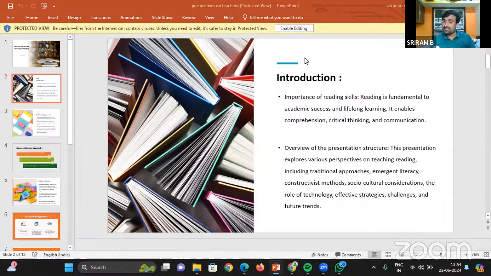Otherwise, this emergent literacy, like what is happening in India or worldwide, are we really developing? Are we going back to nature, or are we destroying nature, or are we following nature, or trying to follow nature?